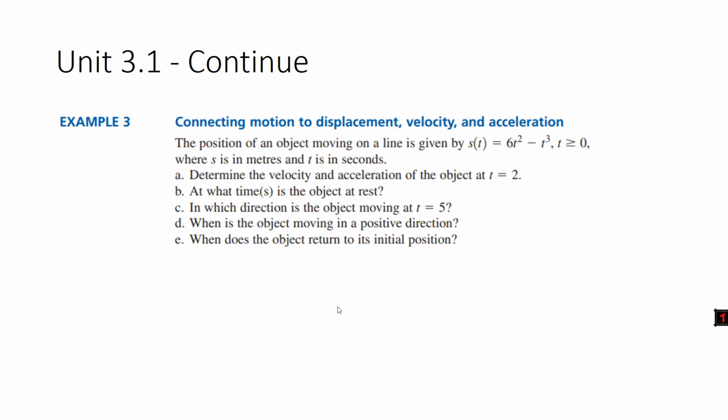Oh, okay. So let's do it step by step, right? So first, would you like to say the solution? Okay, so s is the displacement. To find velocity, we have to take the derivative of that. Great. Take the derivative, that would be 12t subtract 3t squared.